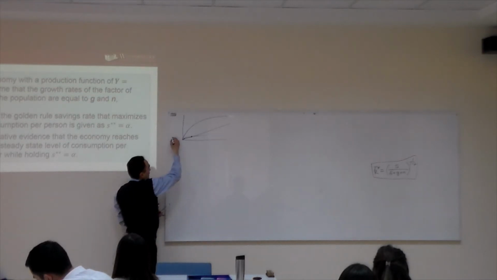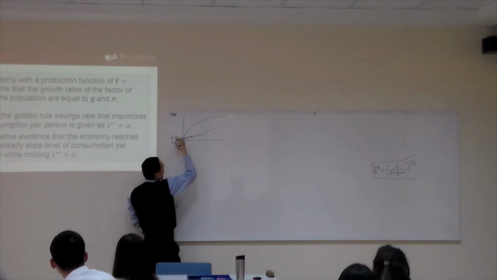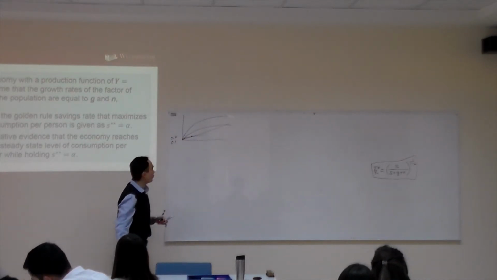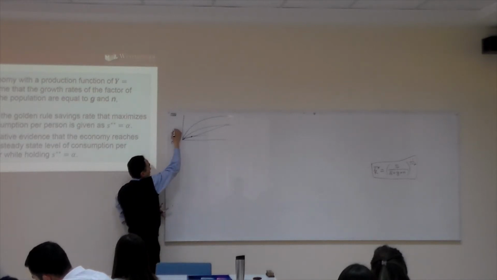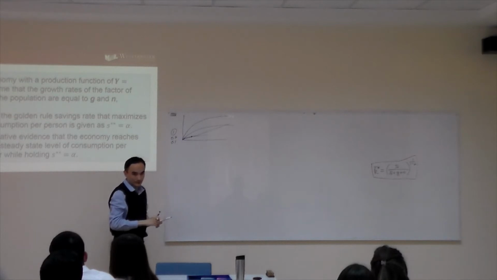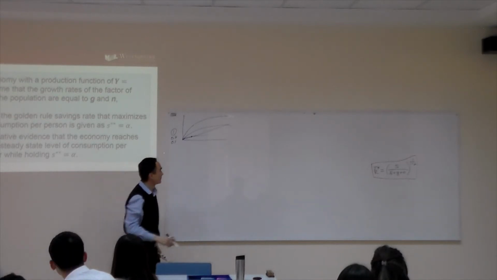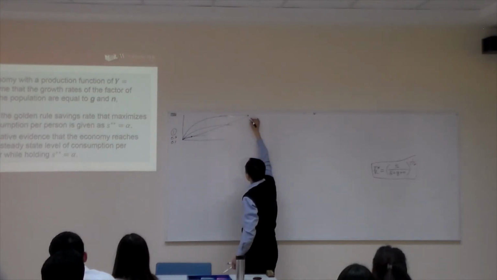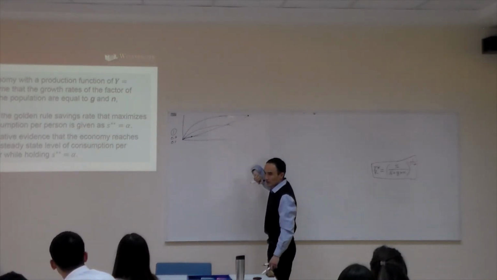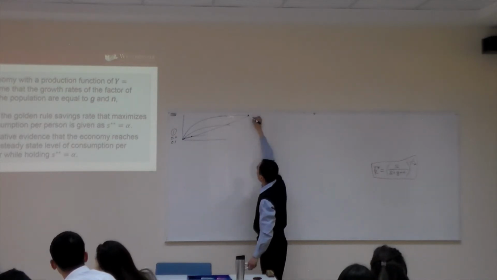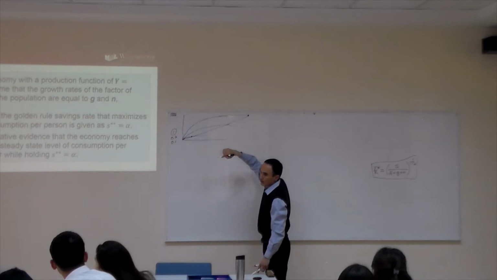If we increase our saving rate to 70%, then our investment line will look like this. What happens if our saving rate is equal to 1, 100%? Then we will reach this point, yes? This point, where the economy is able to produce maximum output.